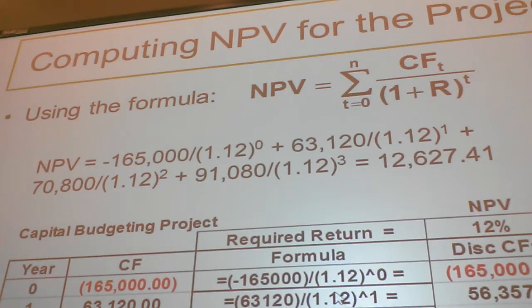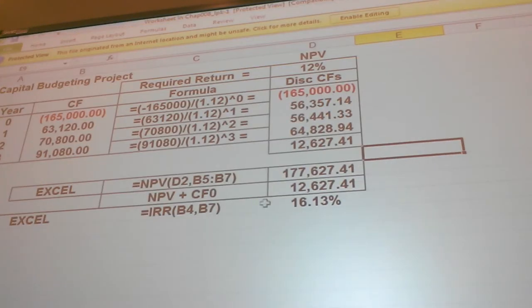It's pretty straightforward, right? These are all the required return formulas here. We just went through each of these, and once you get those answers, you sum them up to get 12,627.41. Now in Excel, this is the same exact thing we just did here, so you can see it's summed up.